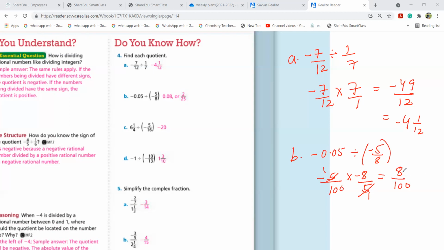When I solve this, I divide with 4. 4 times 2, 4 times 25. So my answer is 2 over 25.